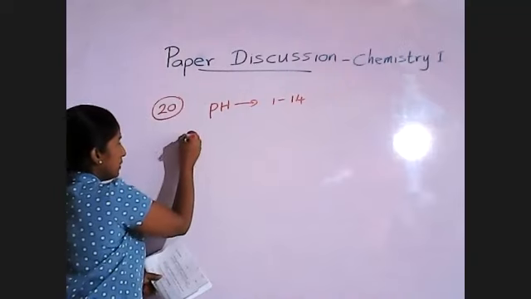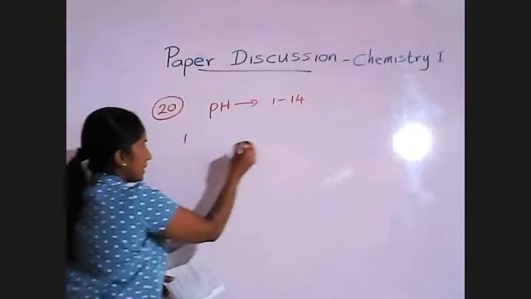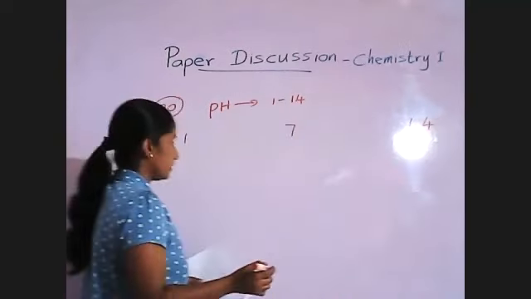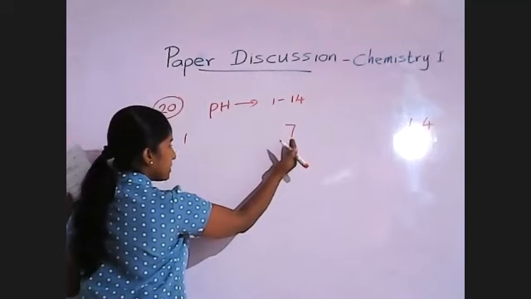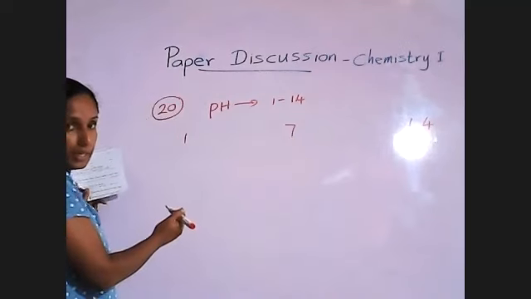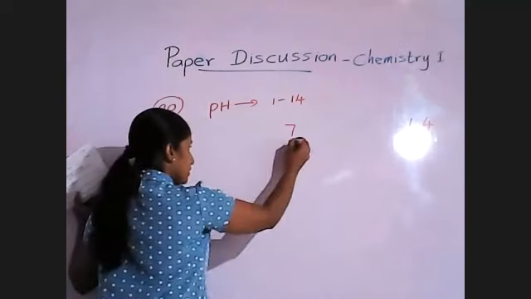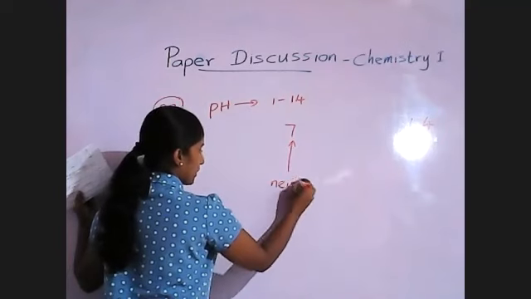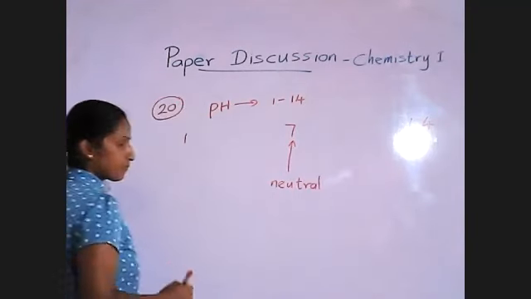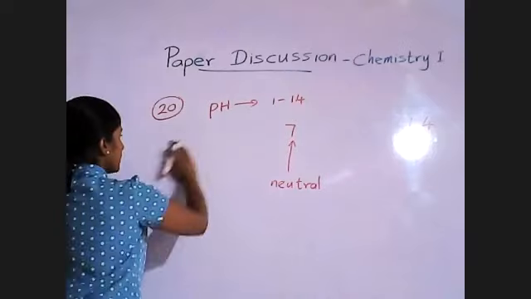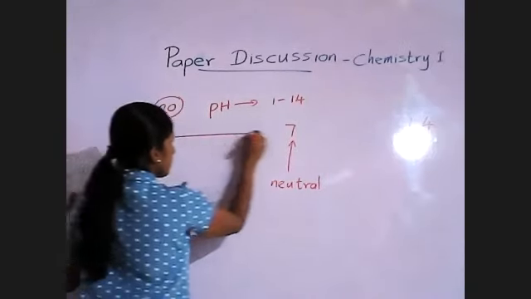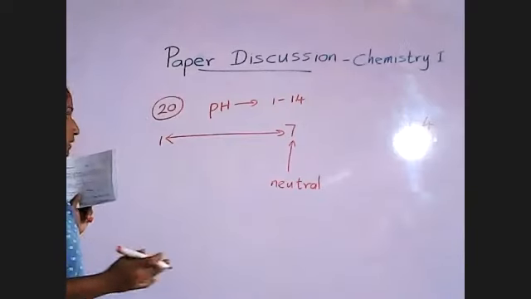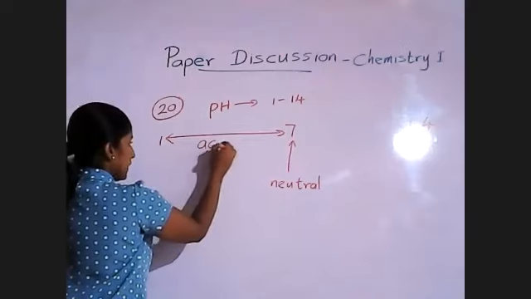I will write 1 here, 7 here, 14 here. If the pH value is 7, we say they are neutral, like water. If the pH is less than 7, meaning 1 to 6, they are acids.